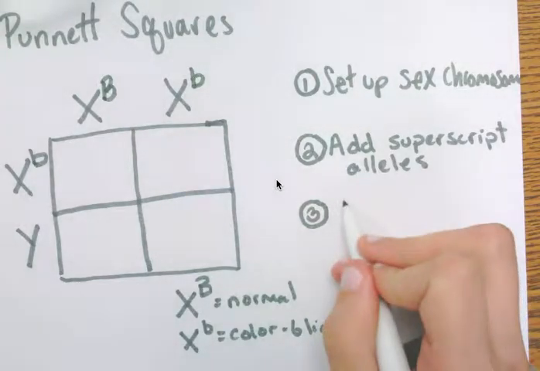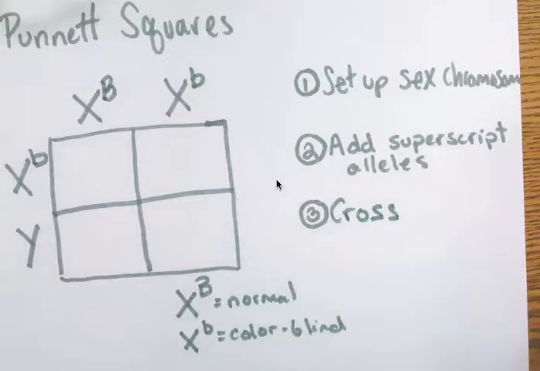The third step we do is we're going to cross them just like every other Punnett square that we've ever done. Again, there are some formatting rules. If you have X and Y, write the X chromosome first, and the dominant allele is written first, if one is present.